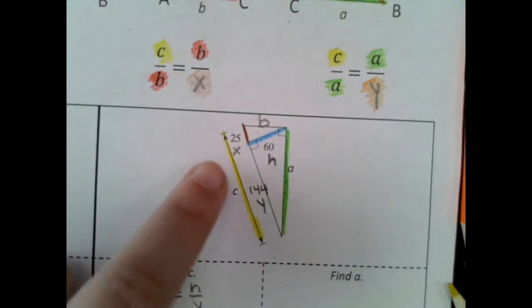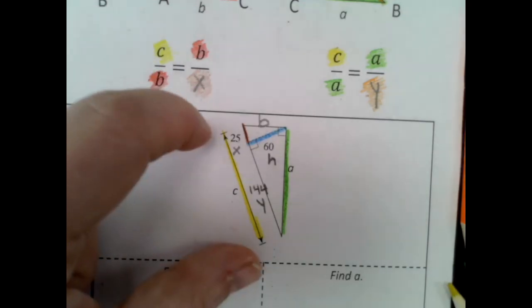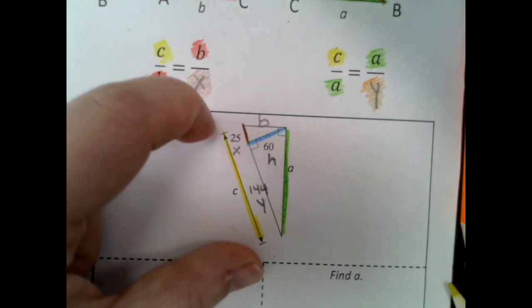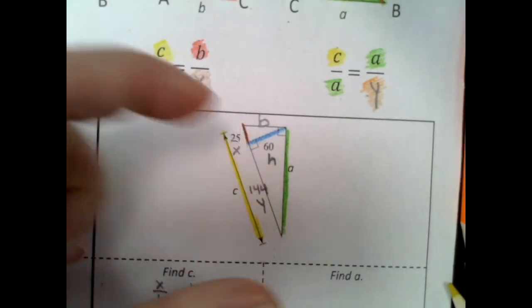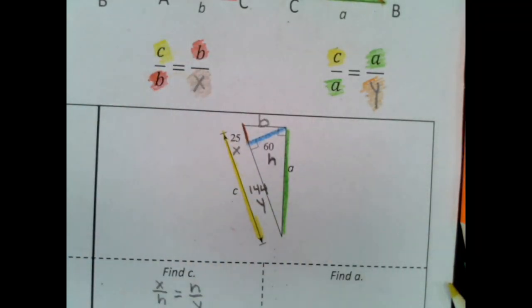So now that I have my x and my y, can I find the c, the whole length? Yeah, it's actually quite easy. How am I going to find the whole length now that I know the two parts? Add them together.